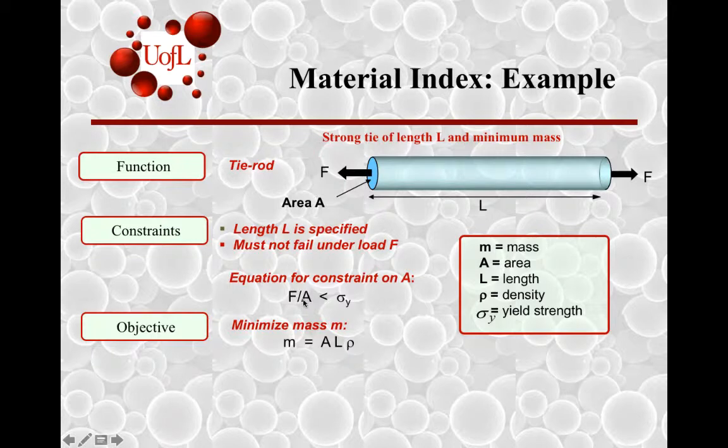If you keep making A smaller, at some point this ratio of F over A will exceed the yield strength. So if you eliminate A, you basically express A as M divided by L times rho in this equation.